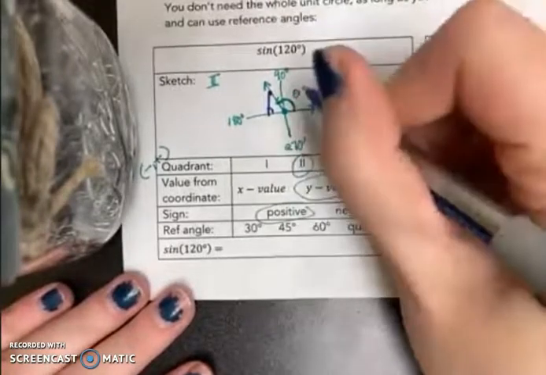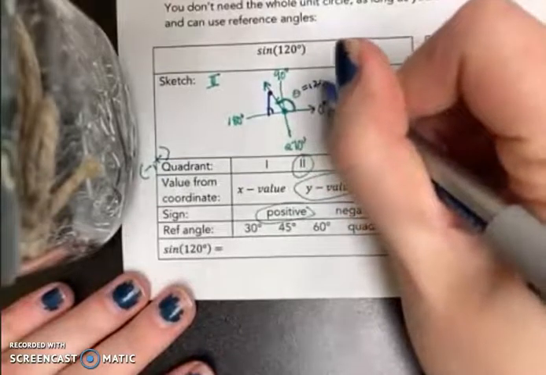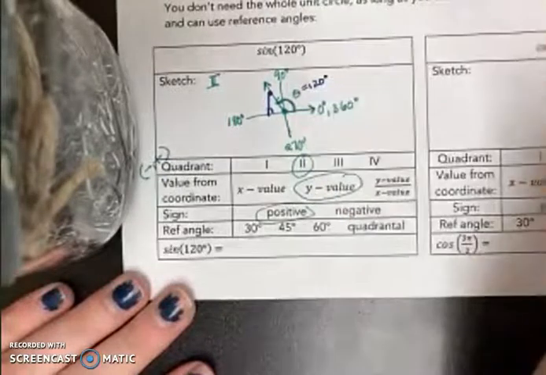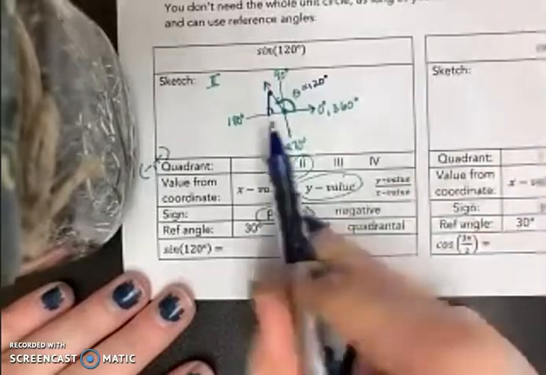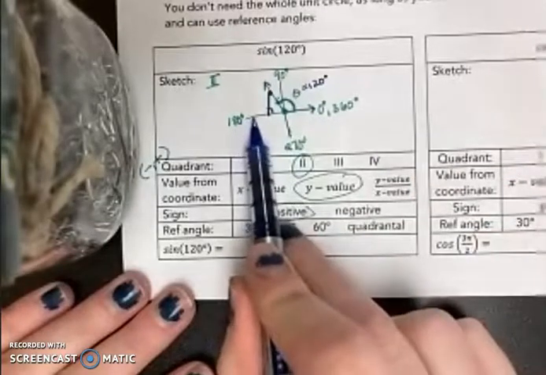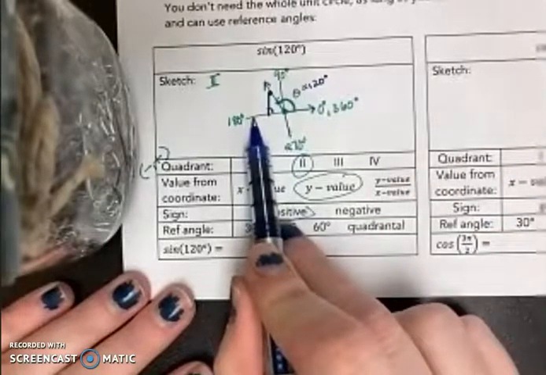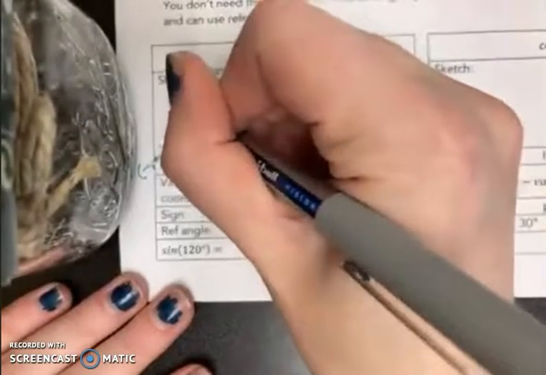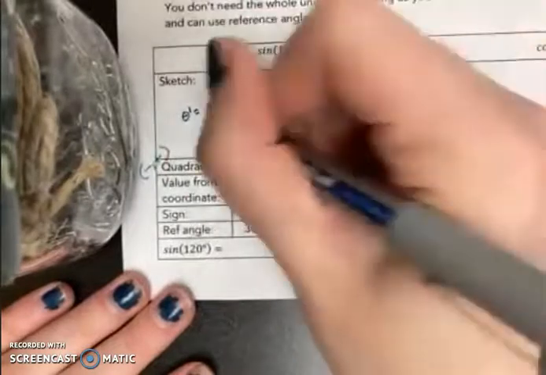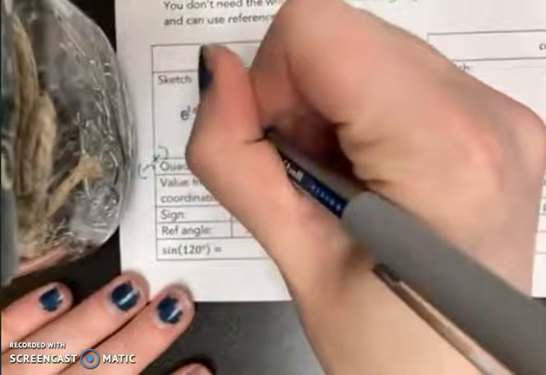We knew that theta was 120 degrees. Since it's in quadrant 2, we've learned earlier that theta prime is equivalent to 180 minus theta.